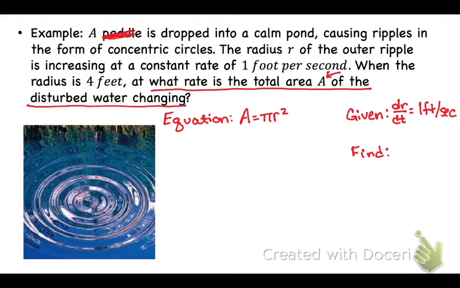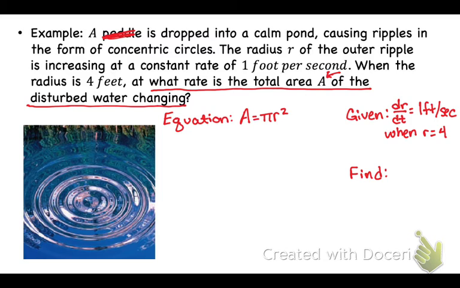Equals 1 foot per second. When what? When the radius is 4 feet, so when r is 4. So what are we supposed to find? Total area. So what rate is the total area?